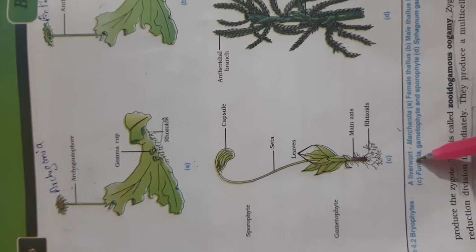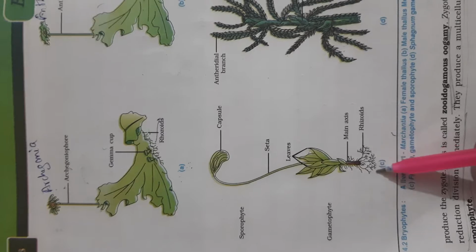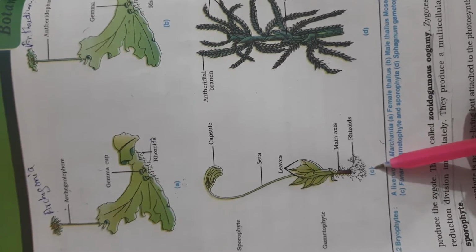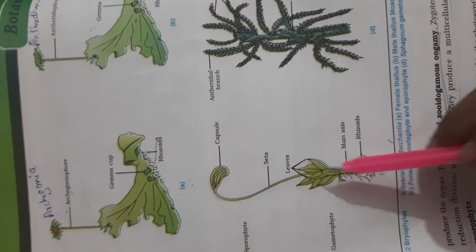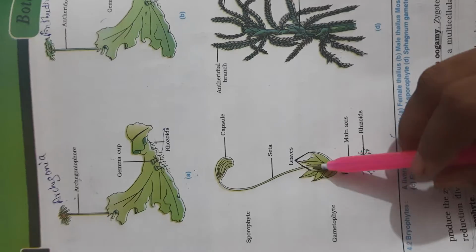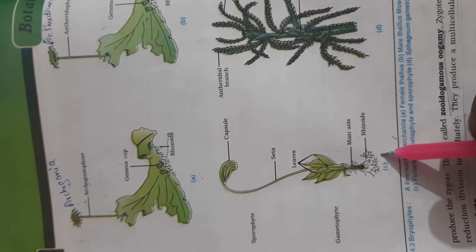And now we have one more example, Funaria, which is also called a moss. Funaria also comes under bryophytes. This also has a gametophyte. This part is called the gametophyte and this is called the sporophyte. In the gametophyte you have leaves, main axis and rhizoids.